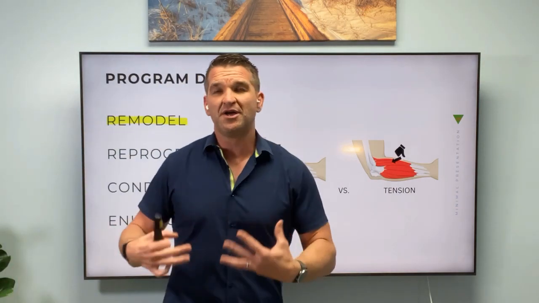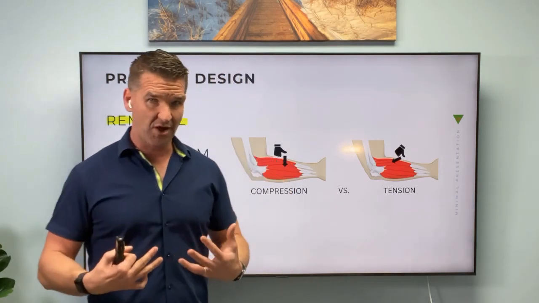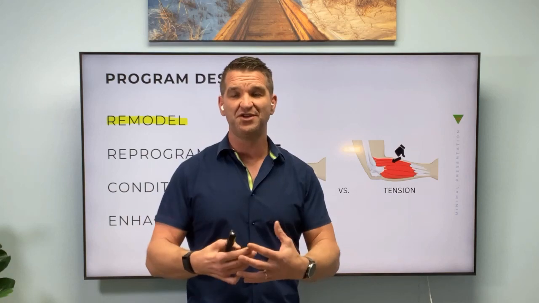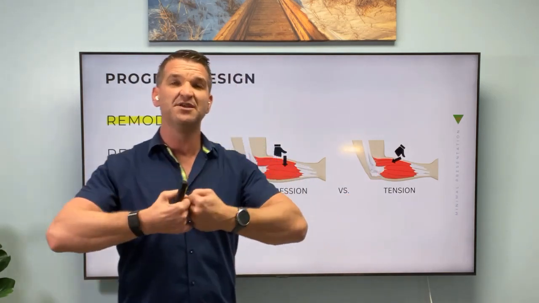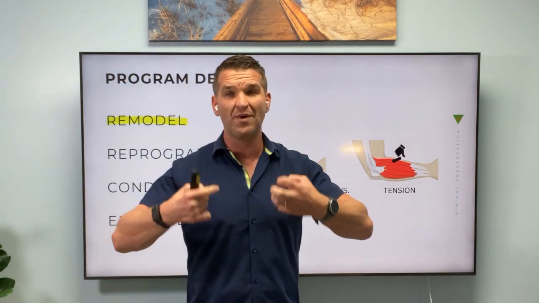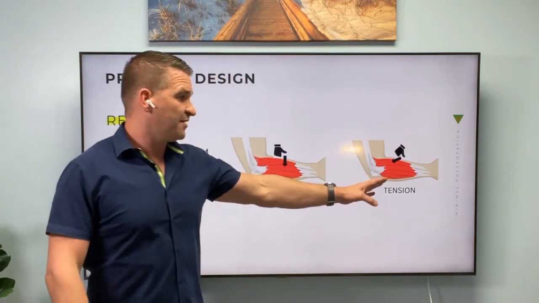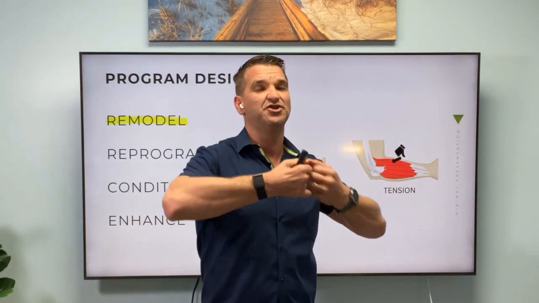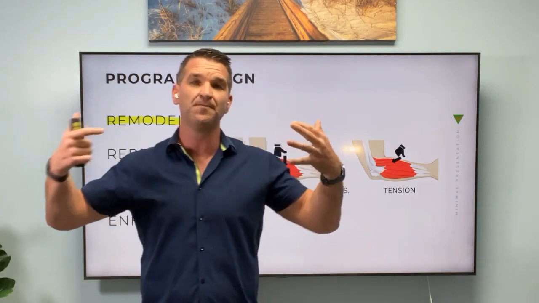If you're going to remodel a soft tissue, the only way I know, and I've been taught, to actually change the length, tension, structure of a tissue so that it is moving in a way that it was designed to move, if a muscle is short and tight, there's a very specific technique that requires high tension to change the literal structure of the tissue to put it back to where it's supposed to be as far as the length of the tissue.